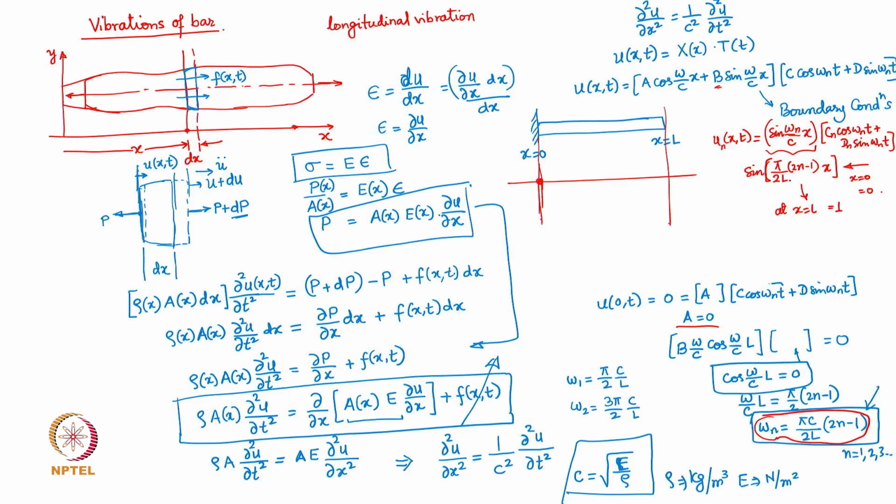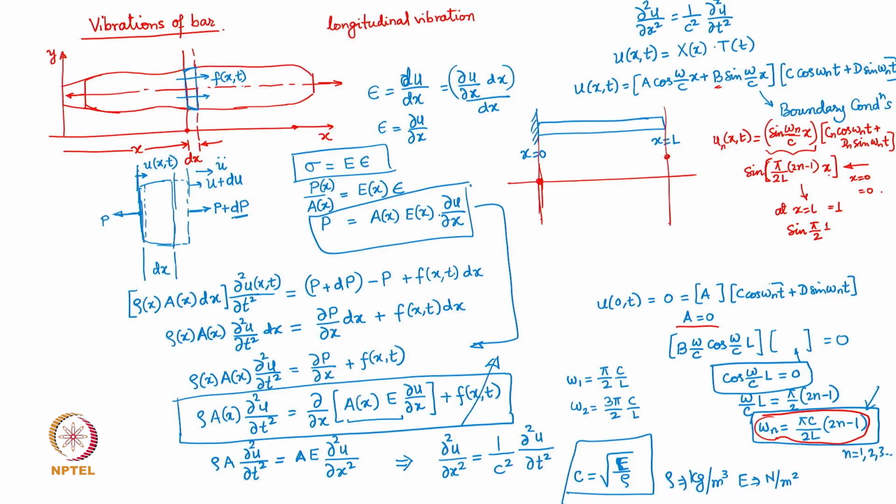But how much for the first mode? We are looking at the first mode shape, so sine pi by 2 at x equal to L, with 2n minus 1 equal to 1. Sine pi by 2 is 1, and therefore the longitudinal displacement at x equal to L is 1 unit, right?